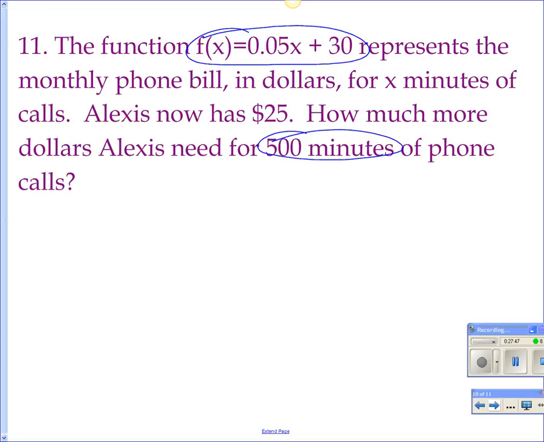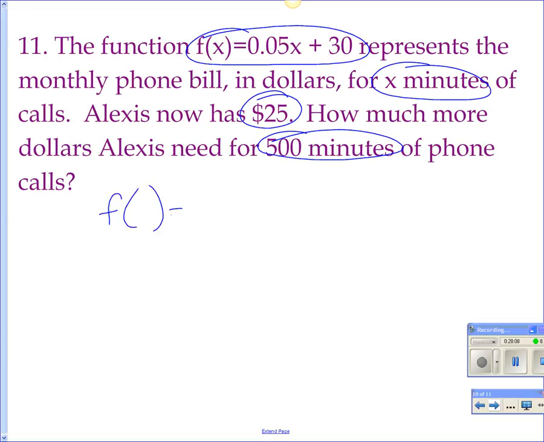Tamara, help her out. All right, are you doing this on your paper? Circling? And Ethan H. What else gets circled? X minutes. All right, X minutes.